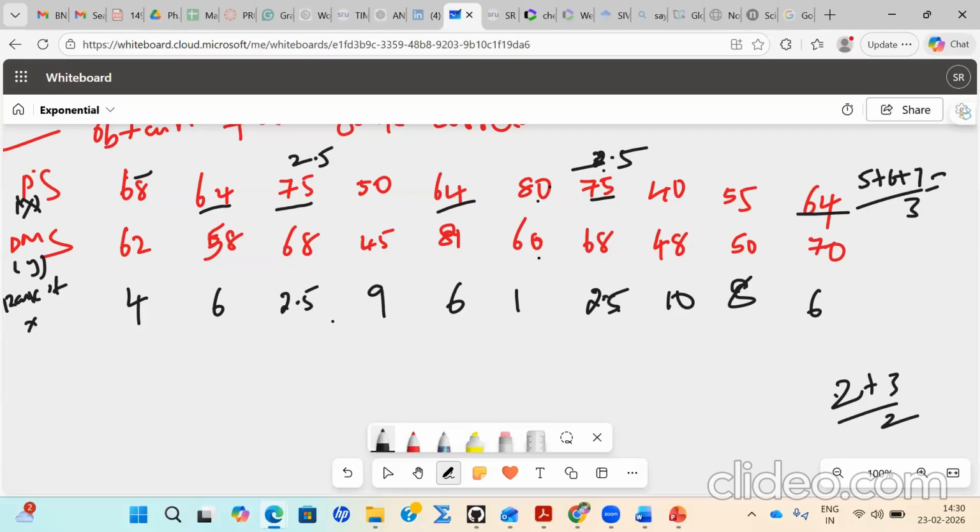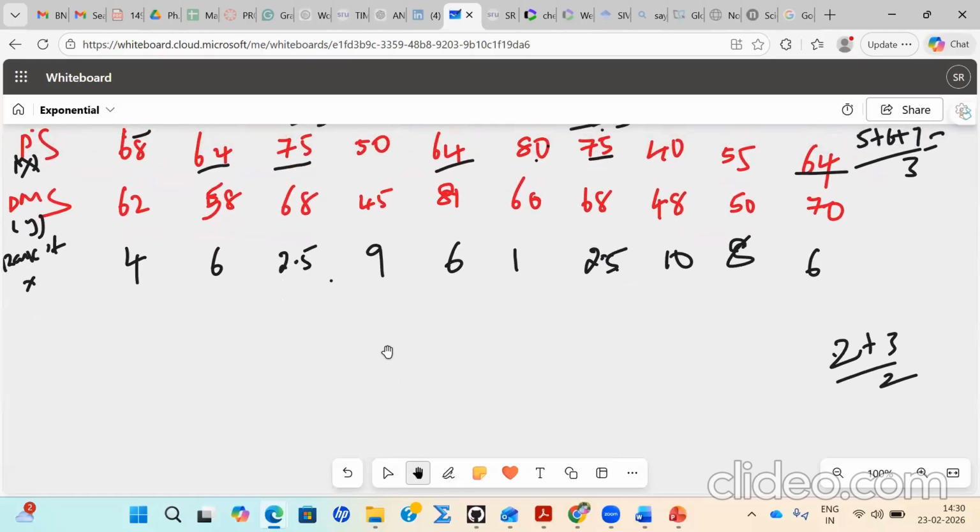Similarly, now you have to give ranks for Y. Proceed now. Give ranks for Y. Who is highest now? 81. 81 will be getting 1.